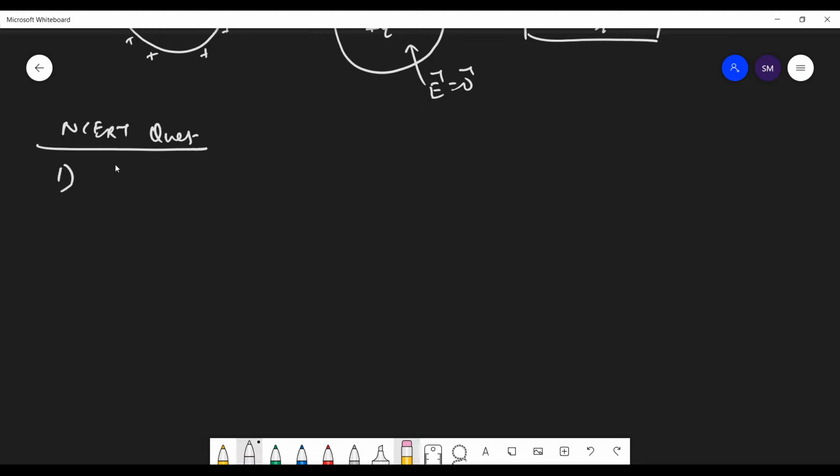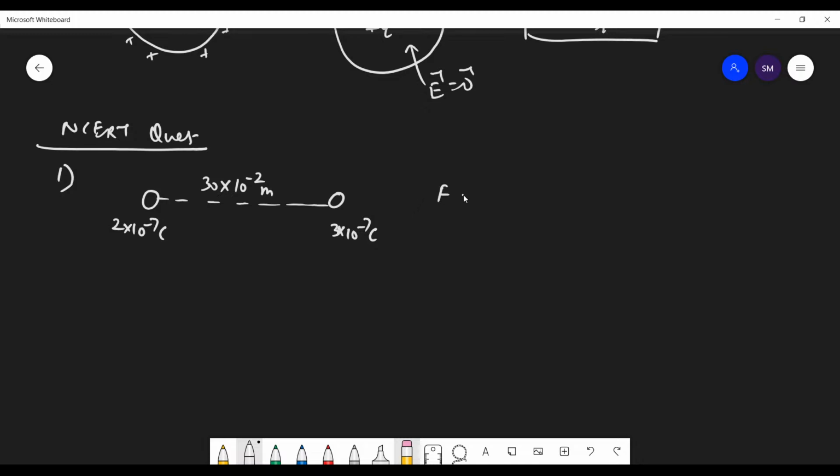What is the force between two small charged spheres having charges of 2 × 10⁻⁷ Coulomb and 3 × 10⁻⁷ Coulomb, placed 30 centimeter apart in air? So 30 centimeter means 0.3 meters.